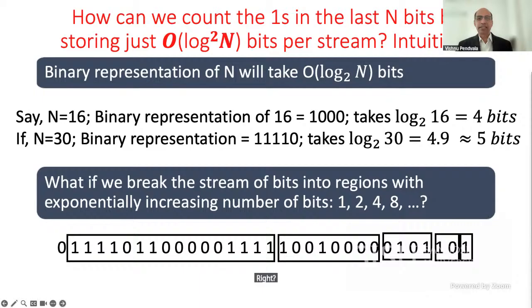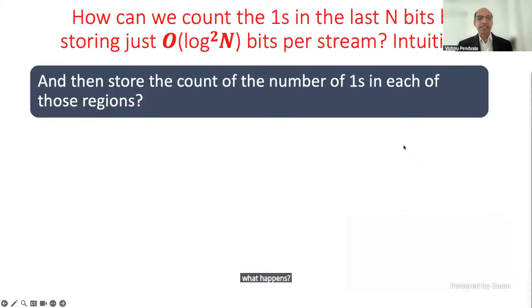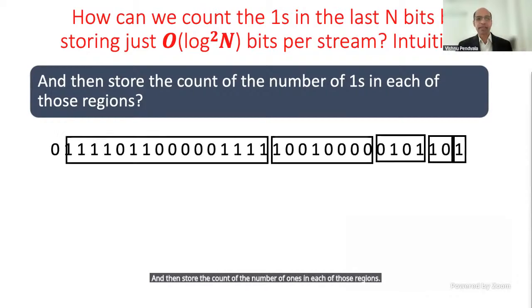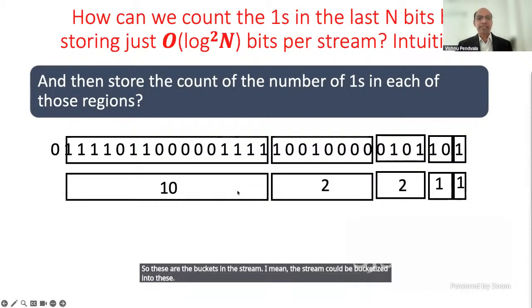And then store the count of the number of ones in each of those regions. So these are the buckets in the stream. The stream could be bucketized into these, and then we store the counts.